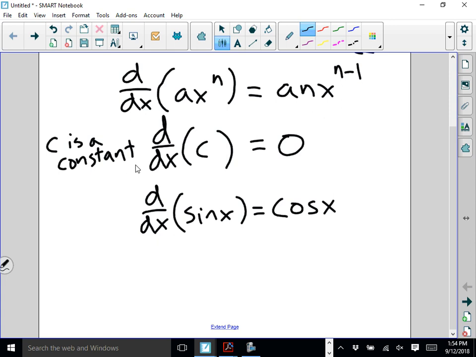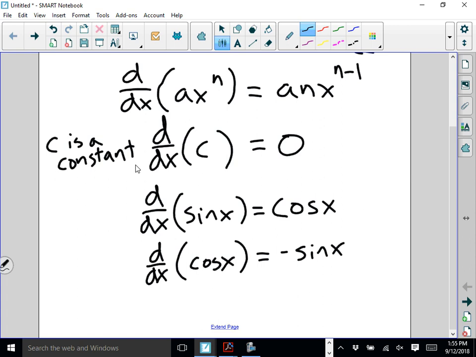The next is the derivative of cosine of x. This one equals negative sine of x. The derivative of cosine of x is equal to negative sine of x.